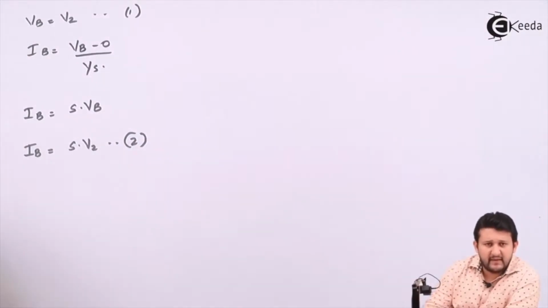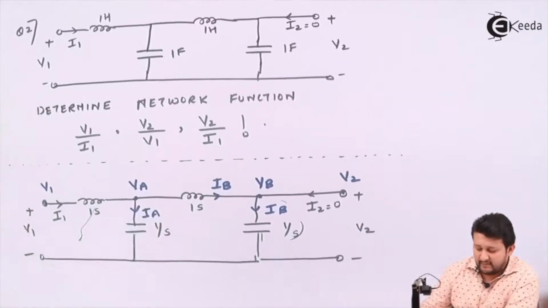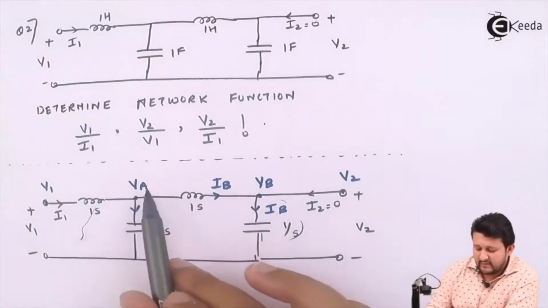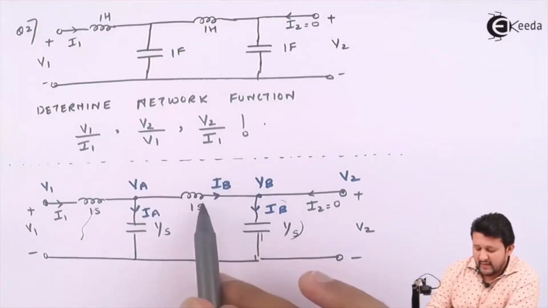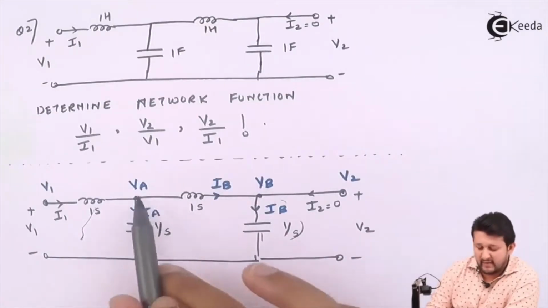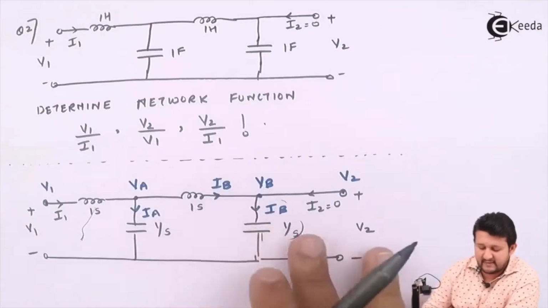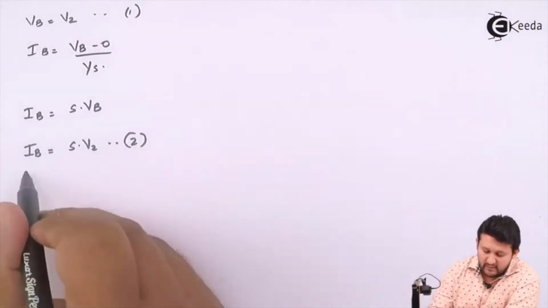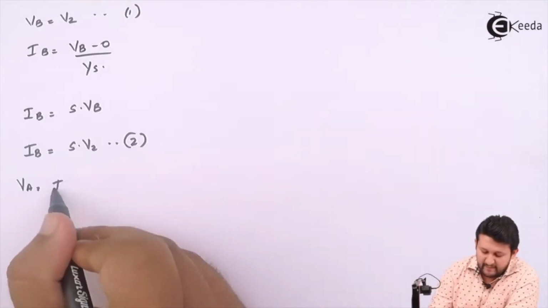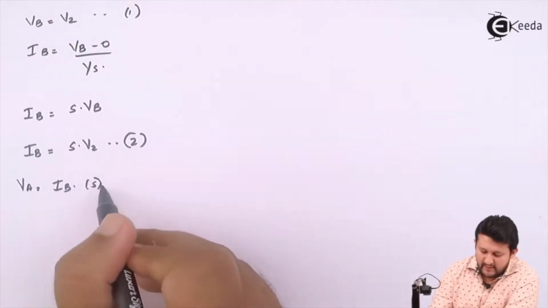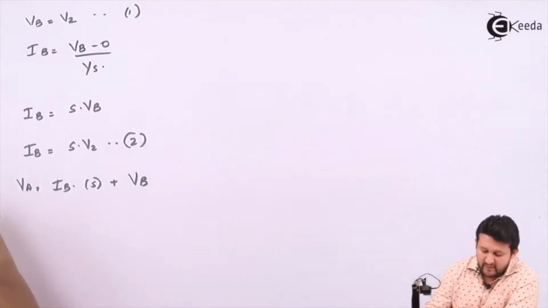This was vertical. Let's simplify the horizontal term. This is the horizontal term. So voltage V is equal to IB into S plus V of the branch. So your VA will be IB into S plus VB. What's the value of IB?